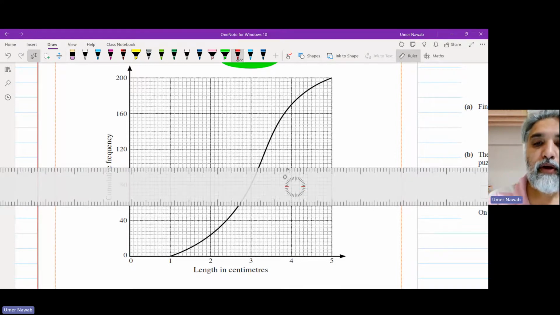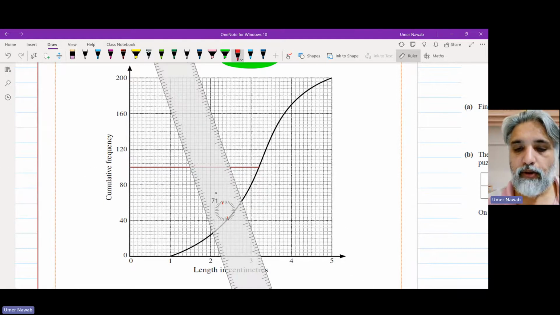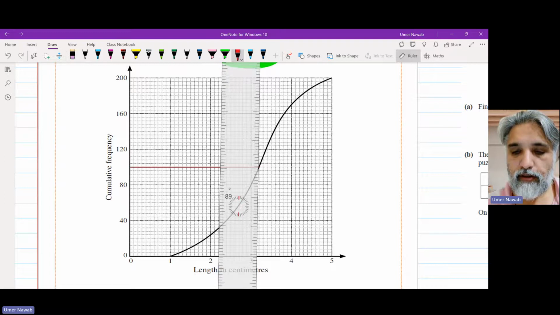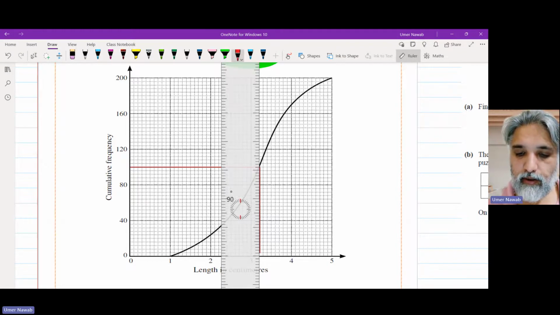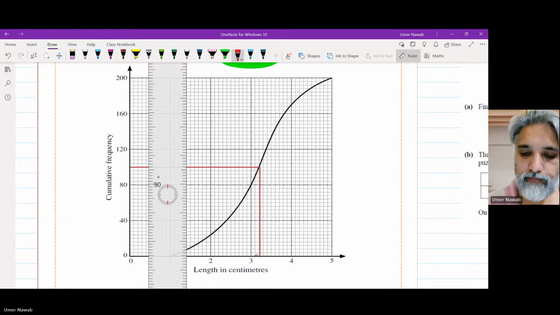Okay, so I'm going to draw 100, and then I go down here. As you can see, this is my median. So 3.2 is my median.